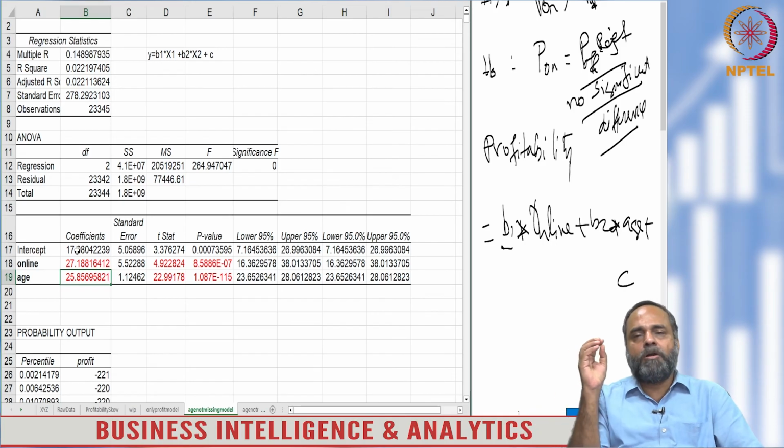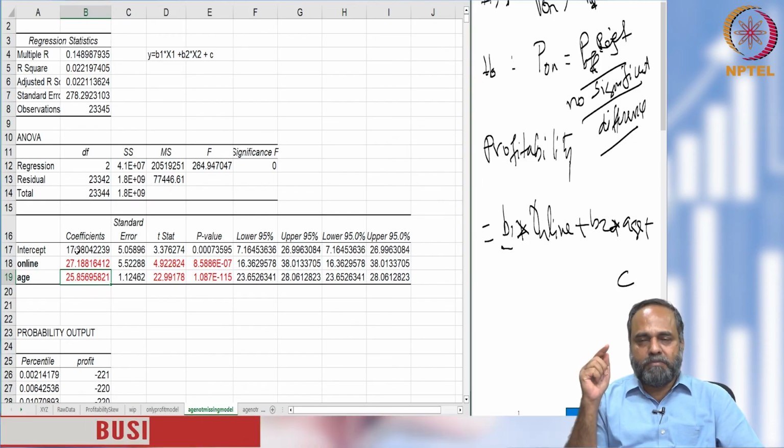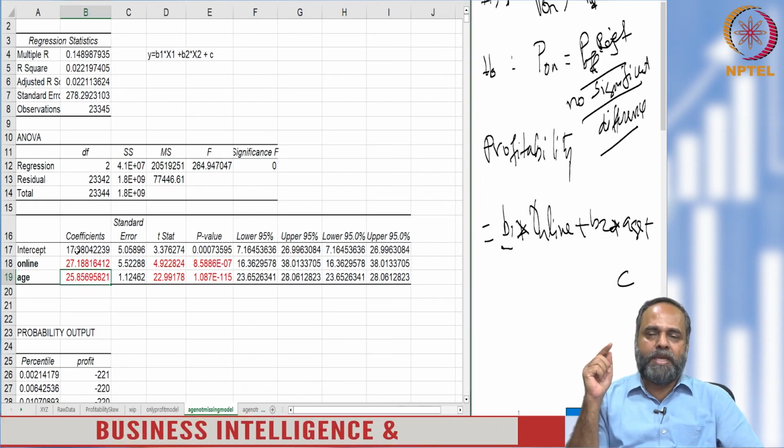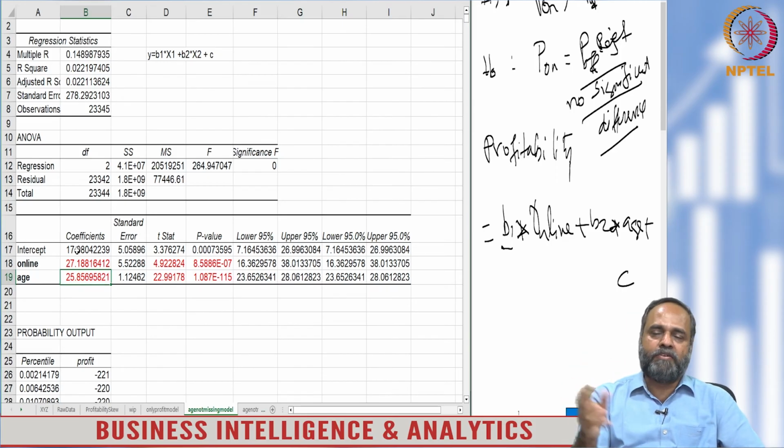But reflecting on the problem, if we define the problem as the task of finding out whether the online channel should be incentivized through rebate or it should be charged. As a manager, the thought process was, if online customers are more profitable than offline customers, give rebate and attract them.